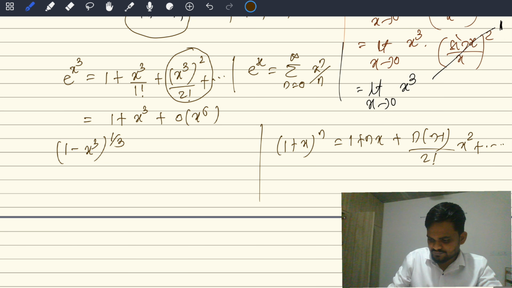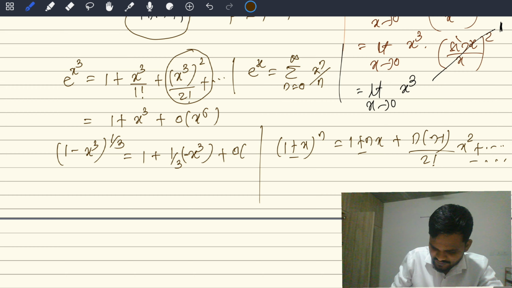If you are doing minus here, this should be minus, this should be plus, this should be minus and so on. So 1 minus x cube to the power 1 by 3 is nothing but 1 plus 1 by 3 into minus x cube plus the remaining terms, order x to the power 6. So this is nothing but 1 minus x cube by 3.